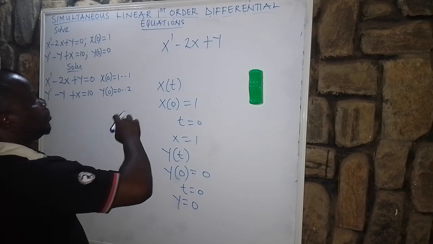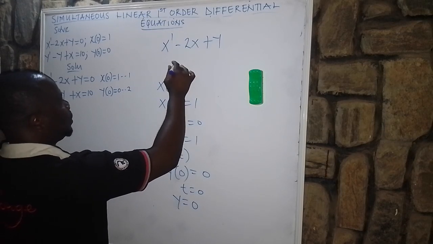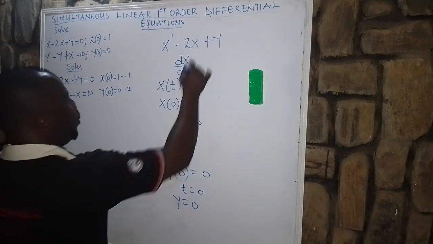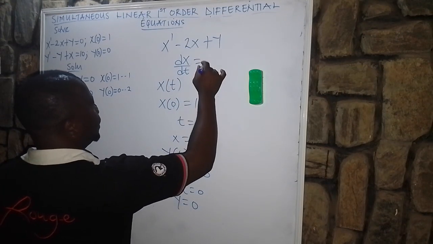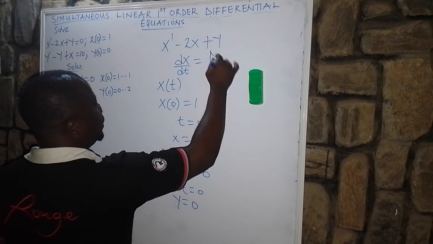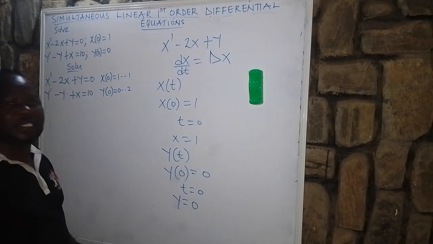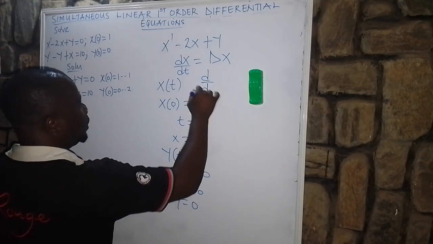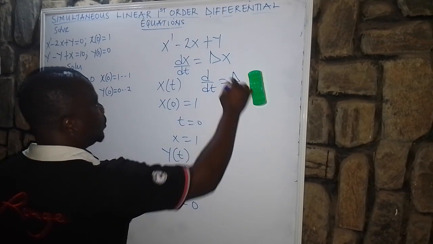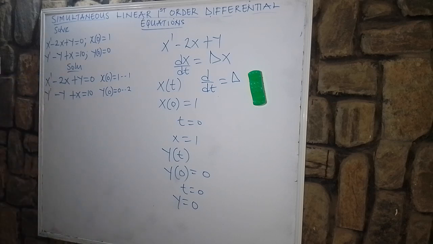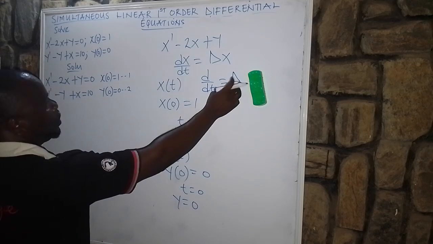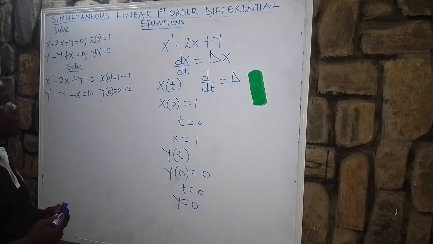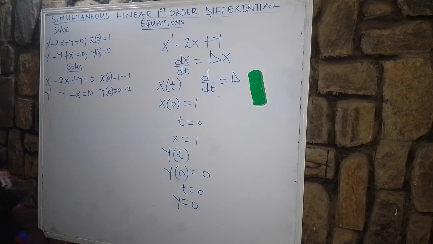Since it is a simultaneous equation, we can transform it this way to d operator x, dx. True or false? If you remember, I told you that this is the same thing as the d operator. So since we have x here, you use the x to multiply this, so it gives you dx. You have to take note of all this.